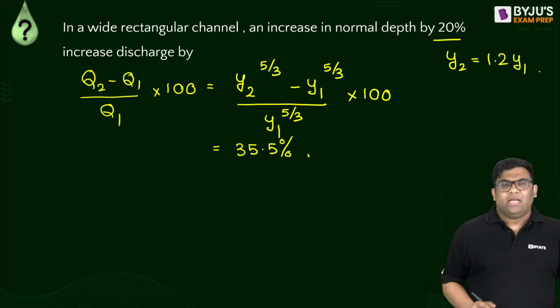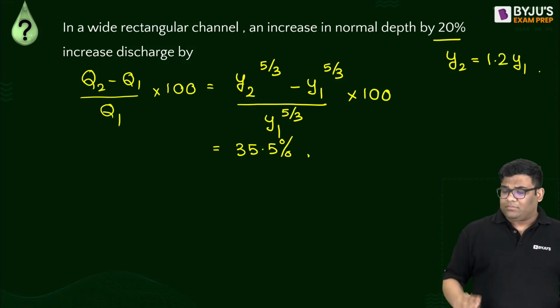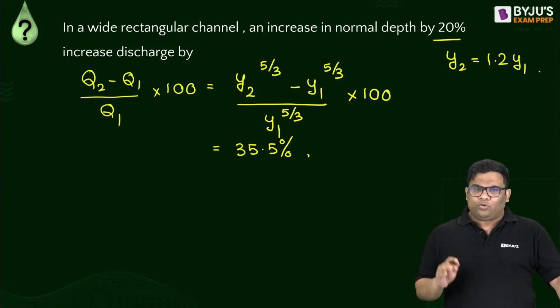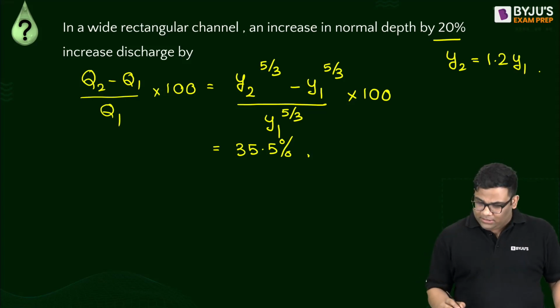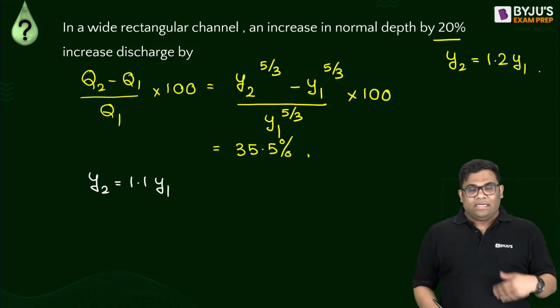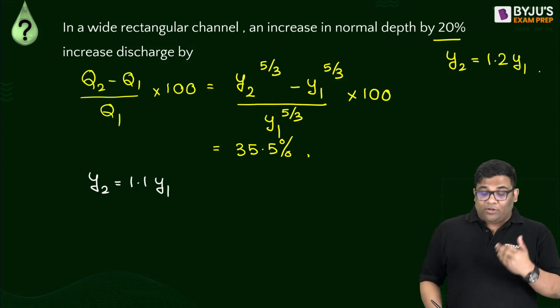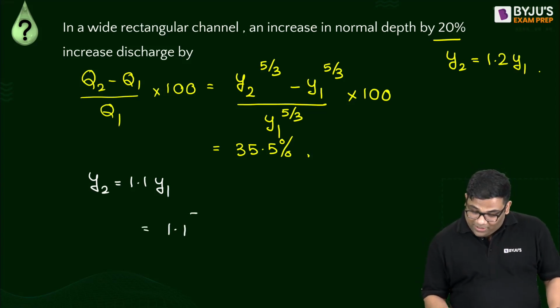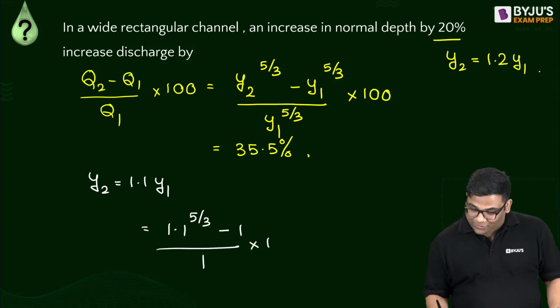If I say that the normal depth increased by 10%, the question can be asked in this manner also, right? So if I tell you that y2 is equal to 1.1 times y1, meaning an increase of 10%, what will be the increase in discharge? In that case, this will be 1.1 to the power 5 by 3 minus 1 by 1 into 100.